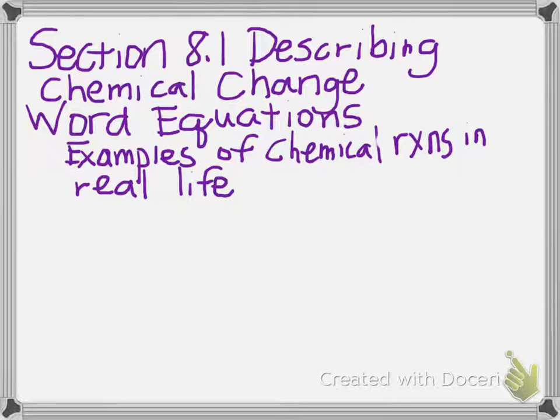In your biology class, photosynthesis is an example of a chemical reaction. When you cook, that's an example of a chemical reaction, right? The raw chicken that you start with looks way different than the chicken when it's cooked. Your raw steak looks different than it is when it's properly cooked.